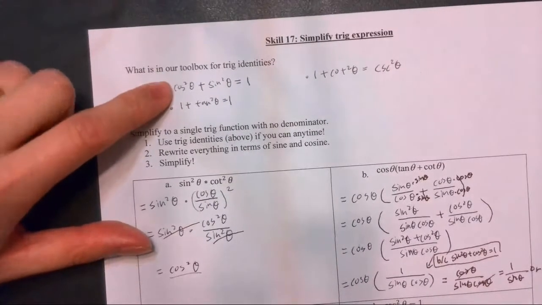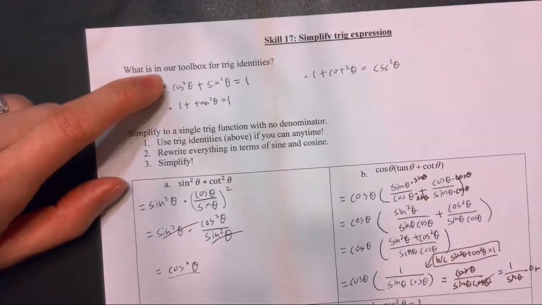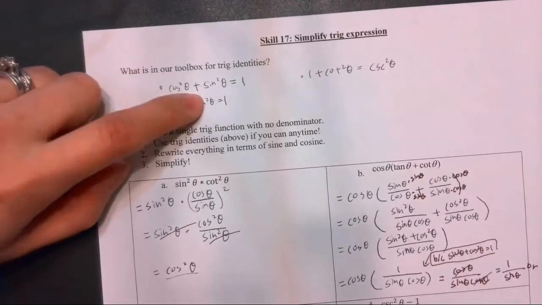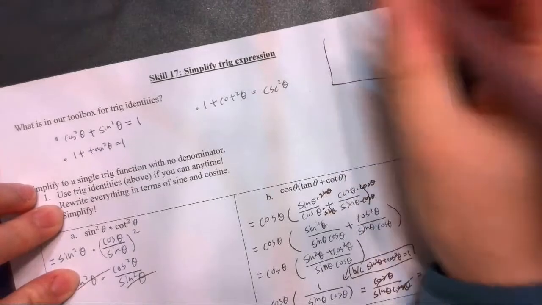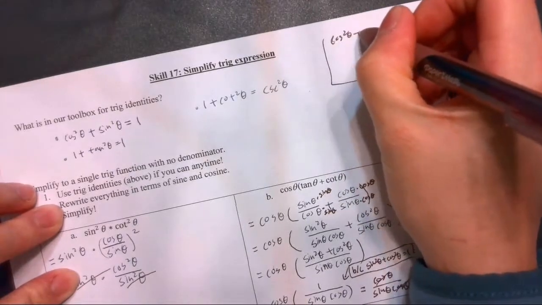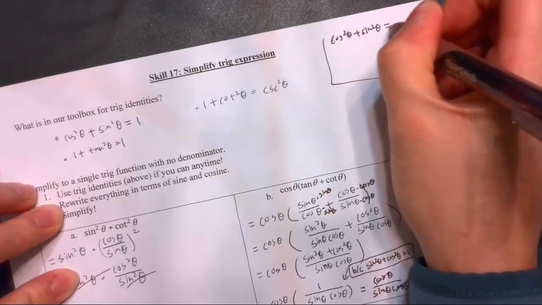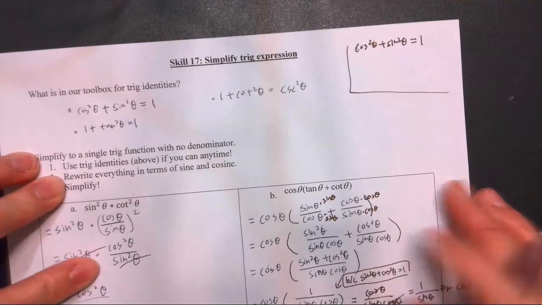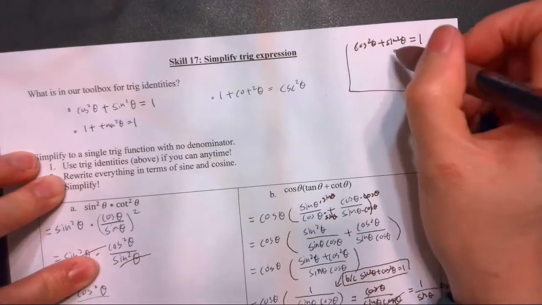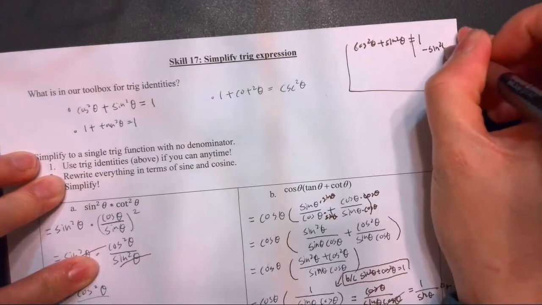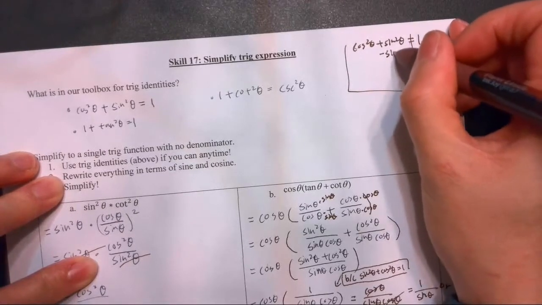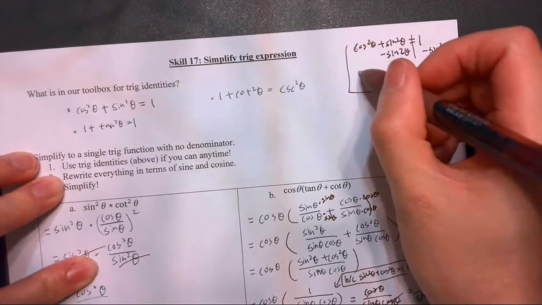Well, let's go back over here. Do you remember one of the trig identities was cosine squared plus sine squared is equal to 1? I'm going to write it here: cosine squared theta plus sine squared theta is equal to 1. What if I subtract sine squared theta from both sides? Because I can move my terms around. Let's see what happened.